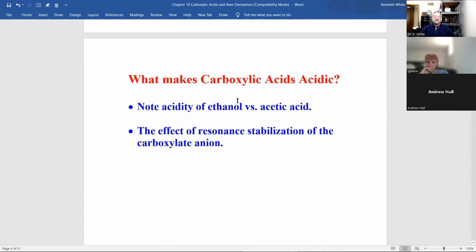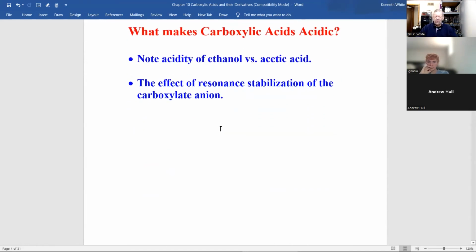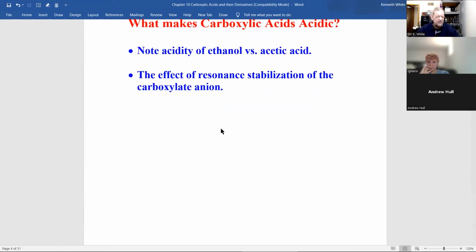So what makes a carboxylic acid acidic? Ethanol is not an acid, but acetic acid is. What's the difference? Well, let's just look in general terms.